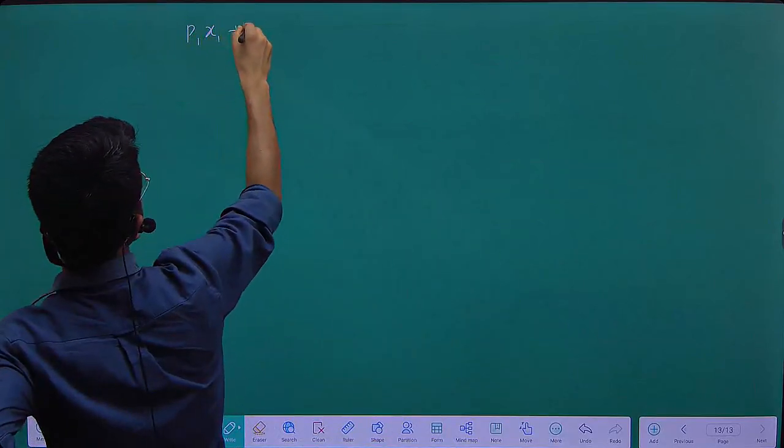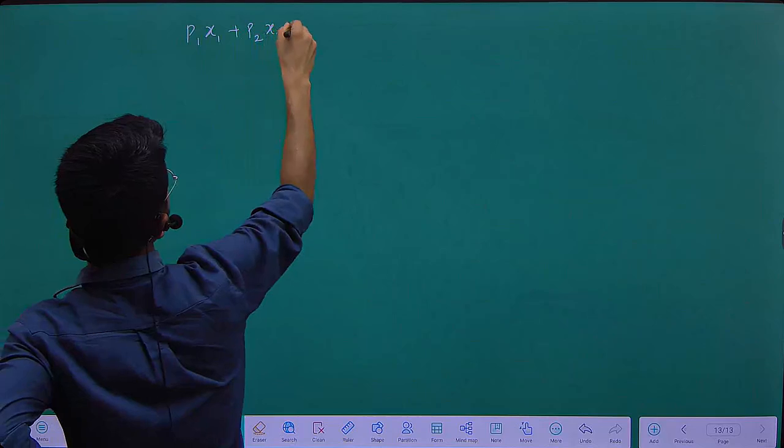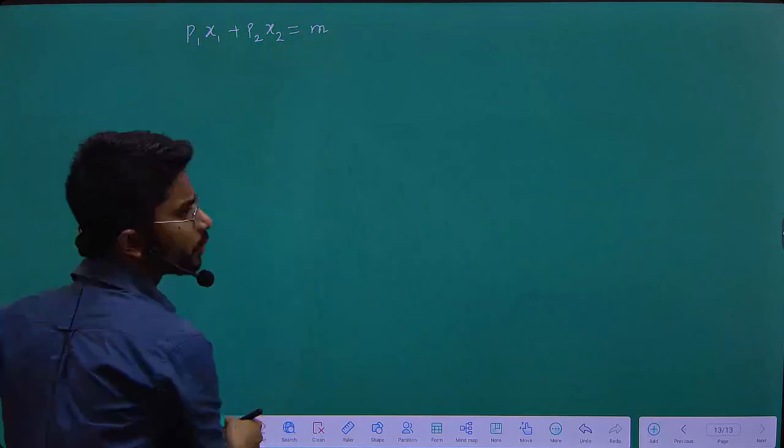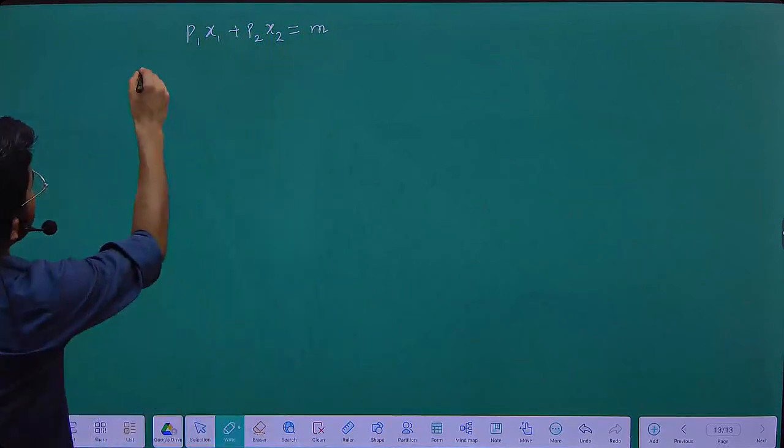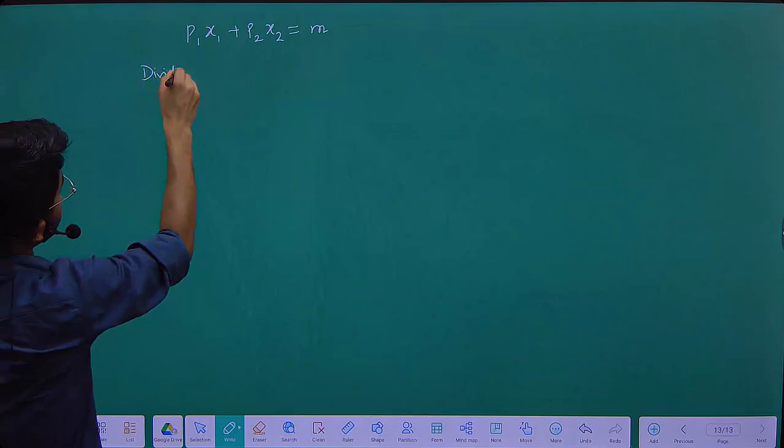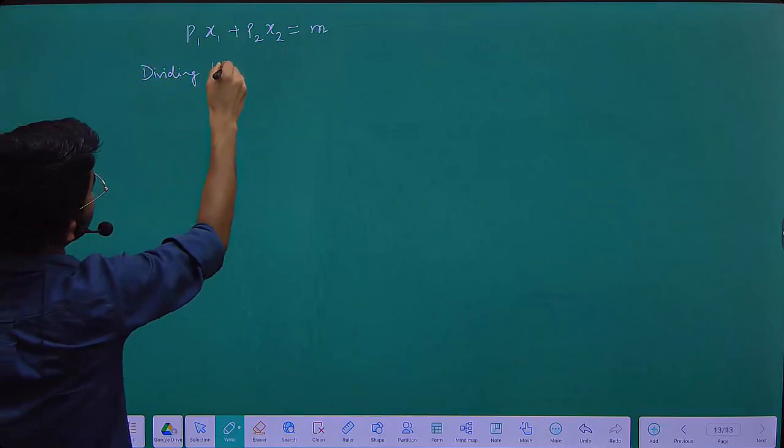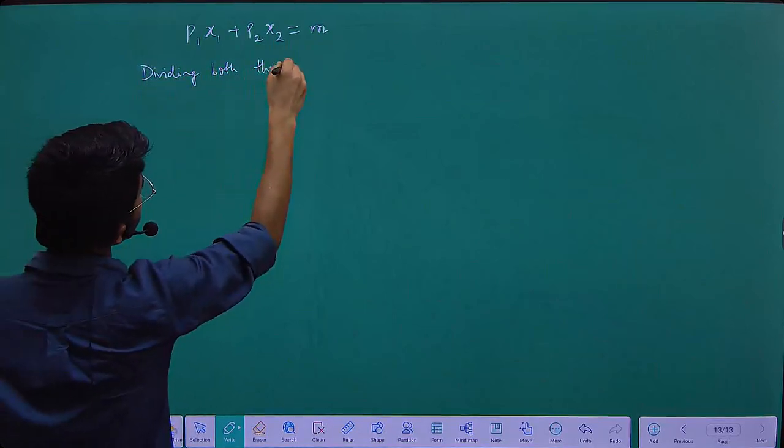We have the budget line as p1 x1 plus p2 x2 equal to m. Now suppose we divide both the sides by m.